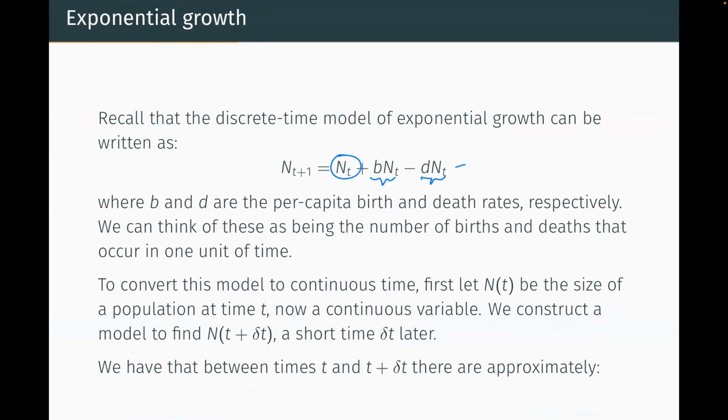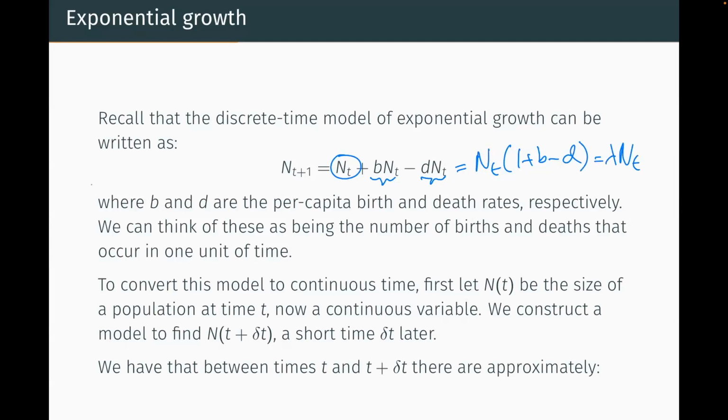And then we wrote this as N_t times (1 plus b minus d), or just lambda N_t, where lambda is a constant. So we refer to b and d as our per capita birth and death rates. So you can think about those as being the number of births and deaths that occur in 1 unit of time, or rather b times N_t.